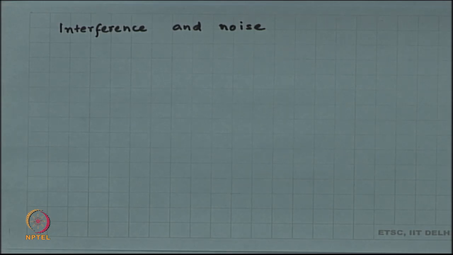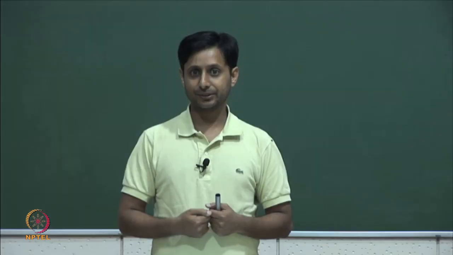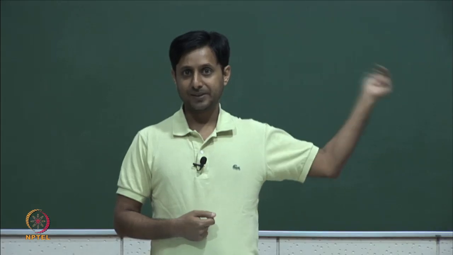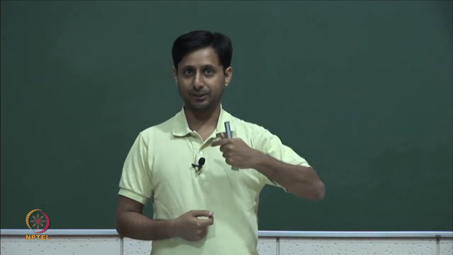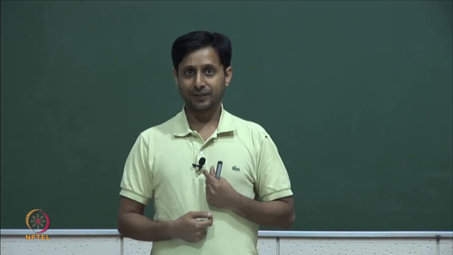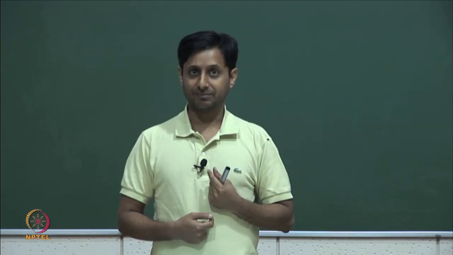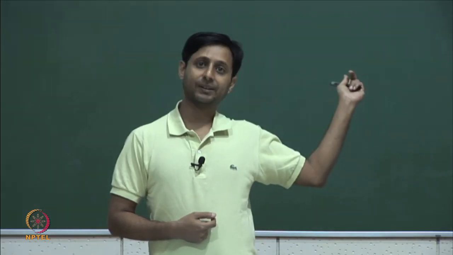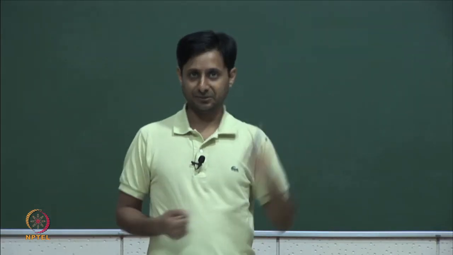Or in other words, I have this microphone over here, I am speaking, my voice is going to the microphone. Now, other people are speaking outside this room, their voices are also reaching this microphone. As far as this microphone is concerned, my voice is the signal. Is their voice noise or is it interference?